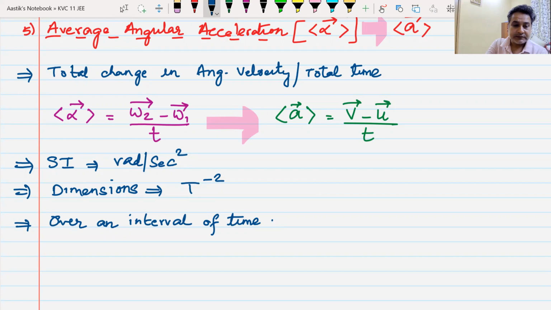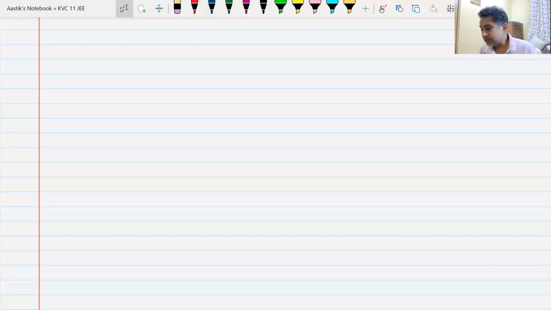Now, this was your point or character number 5 that comes. What would be the next character? I hope everyone has written this down. What would be the next character in this movie, circular motion?